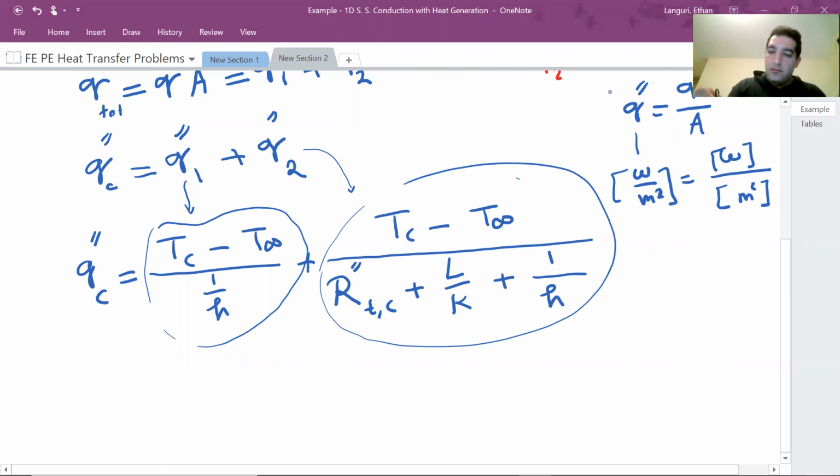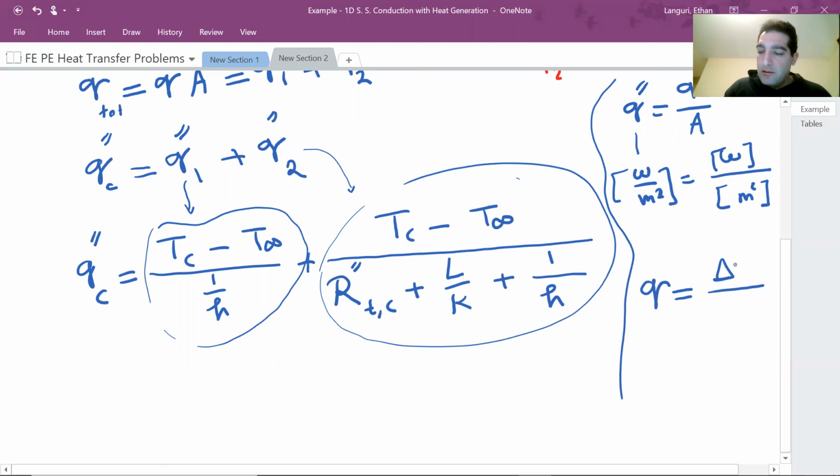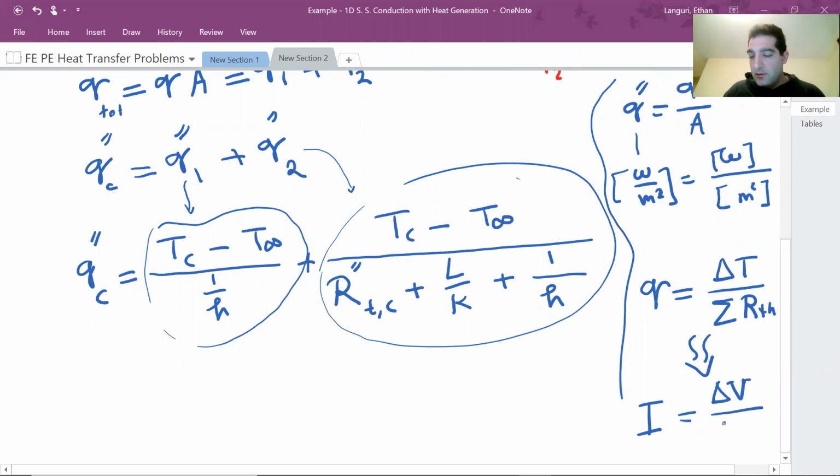And I'm assuming everybody remembers that in conduction, we can say heat is temperature difference divided by total resistance, right? Similar to in electric circuits, current is equal to change in voltage divided by total resistance.